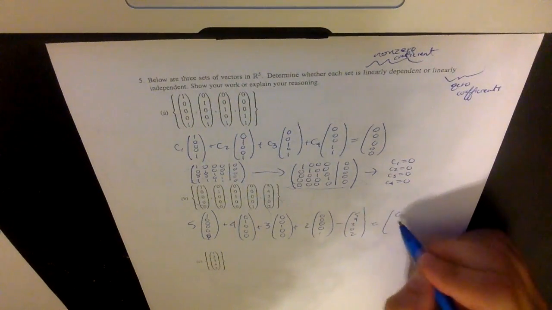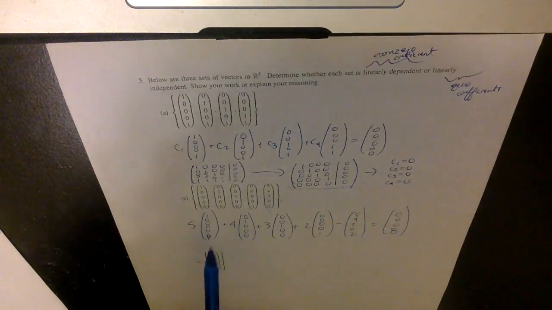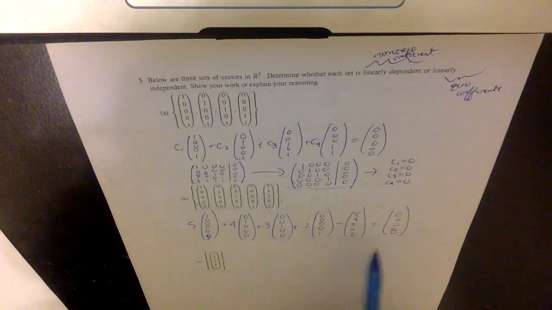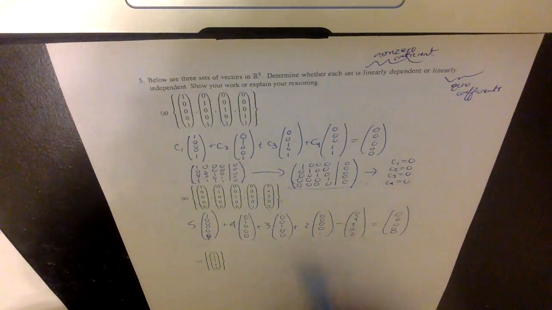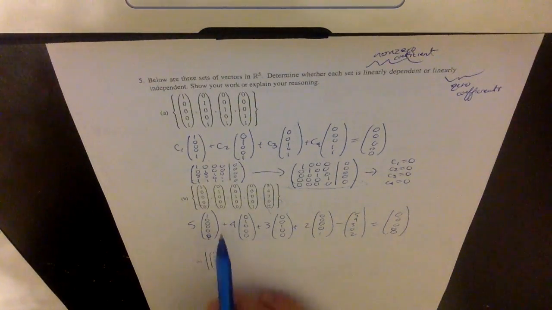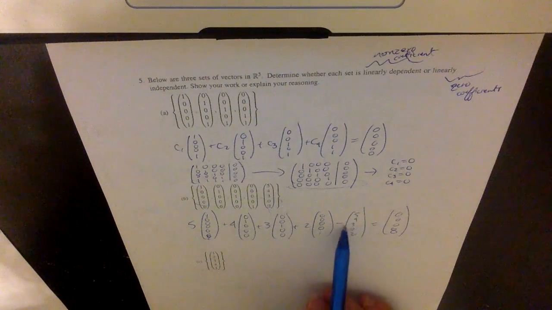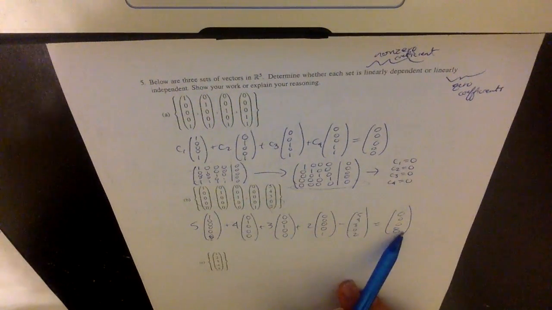I get all zeros. Okay, so I just saw, oh look, these look like nice standard basis vectors, and the only one we're missing doesn't really matter because there's a 0 here. So I quickly figure out the linear combination that sums up to 0. Now notice there are non-zero coefficients here that satisfy a linear combination of our set of vectors equal to 0.